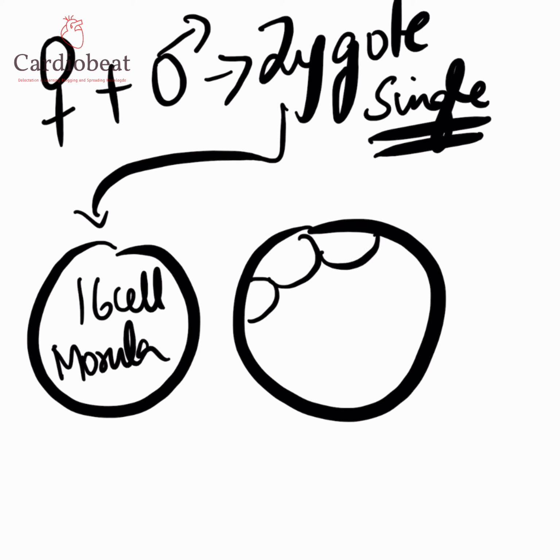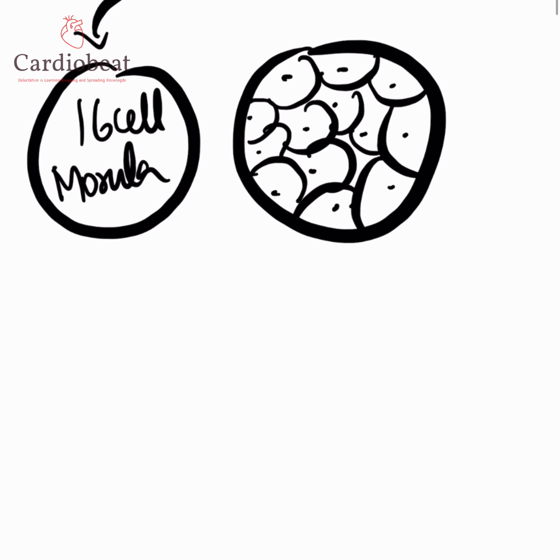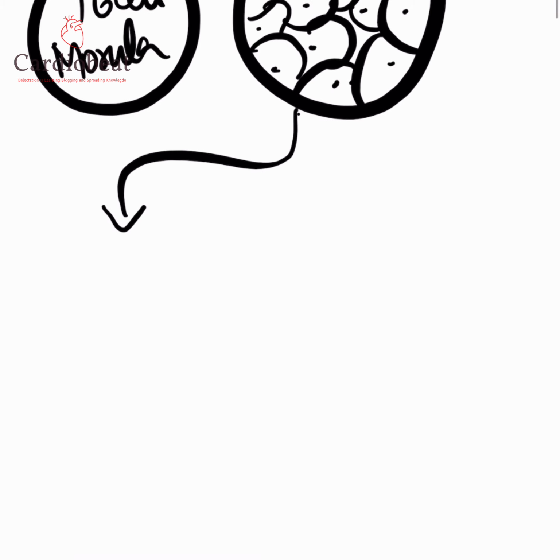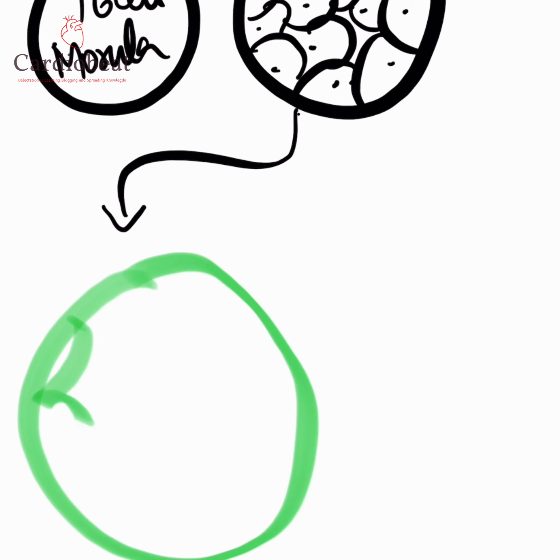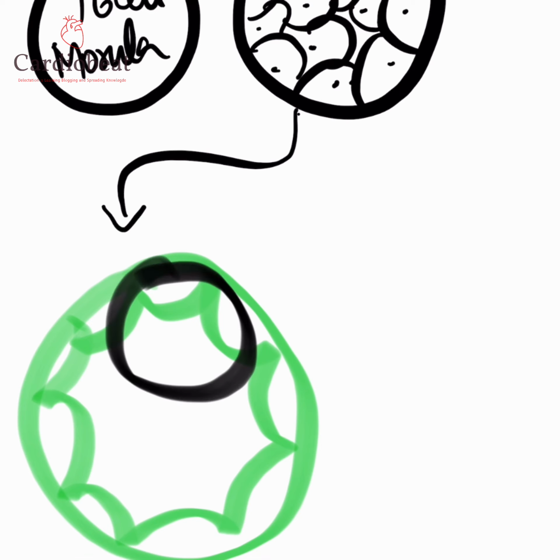Initially, the morula is a clump of cells, but later it segregates itself into an outer cell mass as well as an inner cell mass.